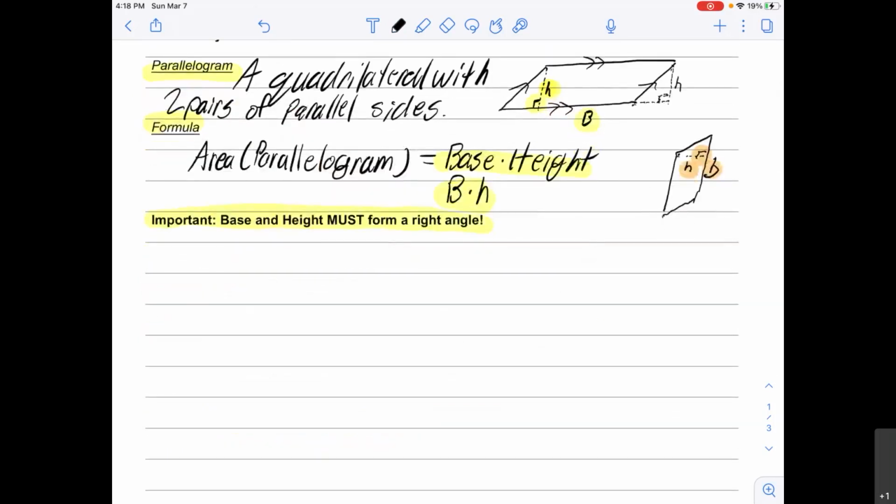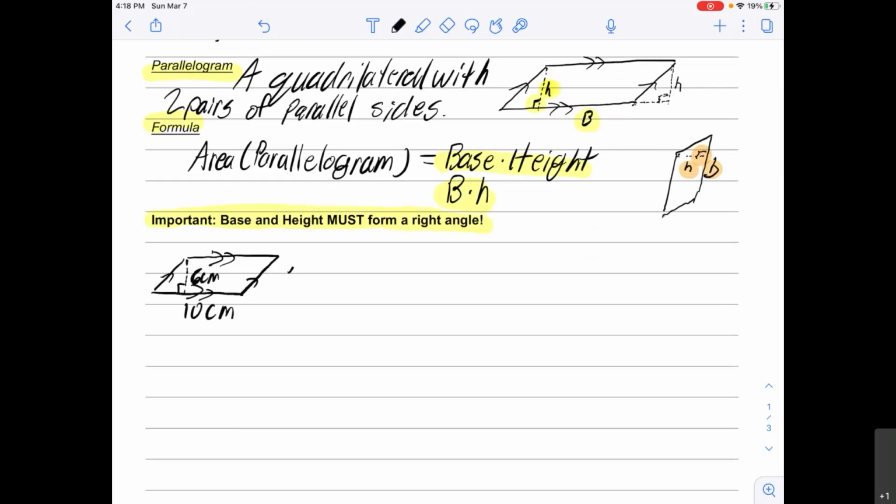So let's say we had a parallelogram. And when we have a parallelogram, remember the important thing, we have two pairs of parallel sides. So if the top and bottom are parallel to each other, then the two sides have to be parallel to each other as well. So I could tell you that this side is 10 centimeters, and then I could give you this line right here and tell you that this is 6 centimeters.